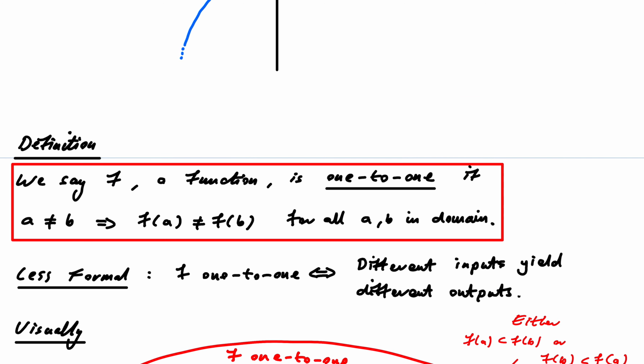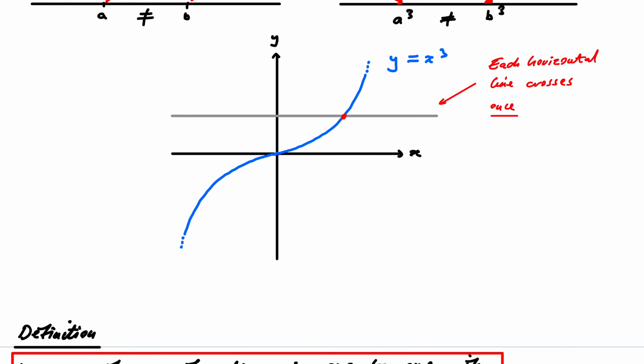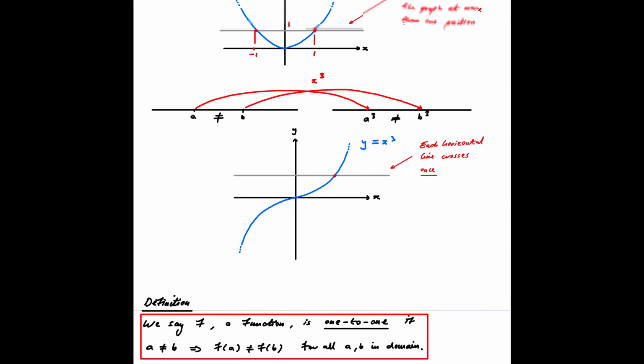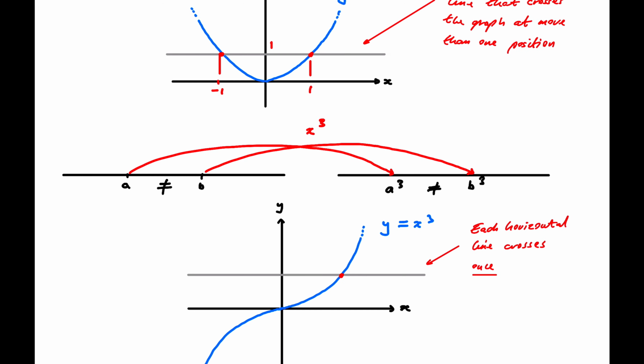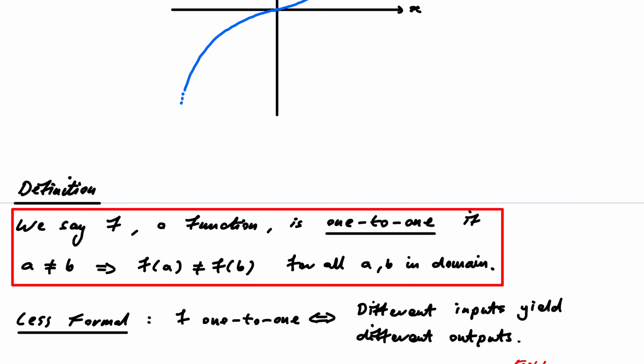So, a reason I introduced this graph approach was it's going to give us a pretty slick test for finding if you're 1-to-1. So this is a little bit more subtle than what I've written in this example, so I'm going to be careful with it. But this is something called the horizontal line test, not to be confused with the vertical line test.